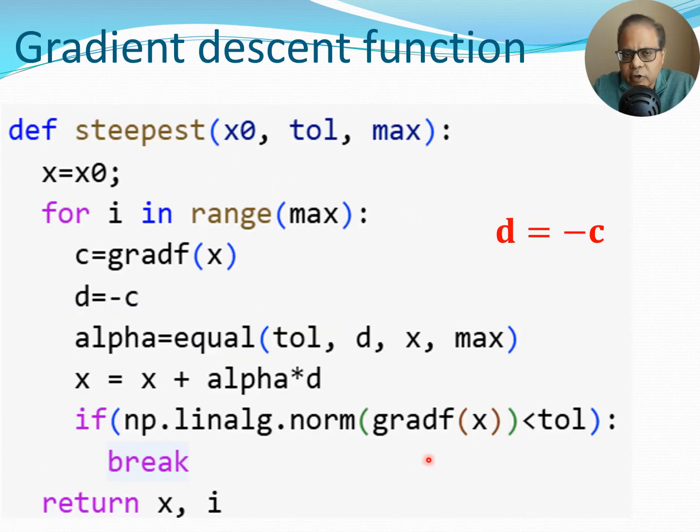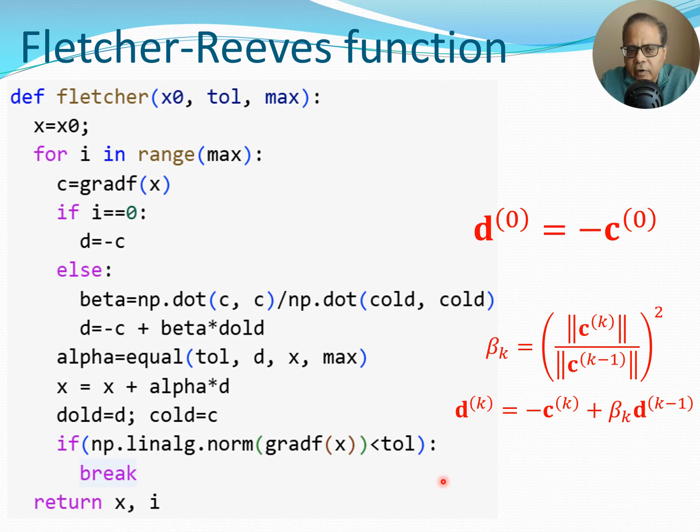Let us just recapitulate the steepest descent function. That's very easy. That essentially just sets d is minus c. So that's the function here. And again, you call the 1D search and you basically keep doing it till you converge. For Fletcher-Reeves, you have the simple formula here. The first round, you of course use steepest descent, but after that, you are using the Fletcher-Reeves formula given by these equations in red.